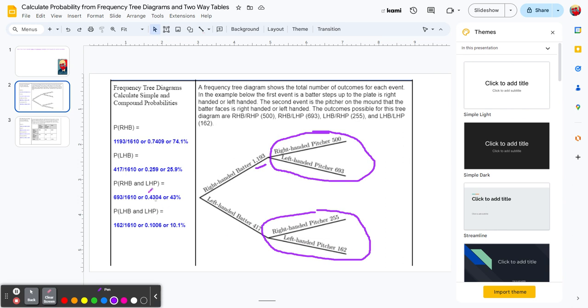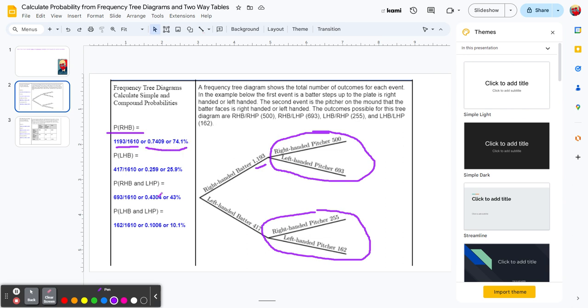Now to find the probability that someone is a right-hand batter, we're looking at the 1,193 out of the total for the first set of branches. So that's 1,193 divided by 1,610, which is the total, which is about 0.7409 or 74.1%.